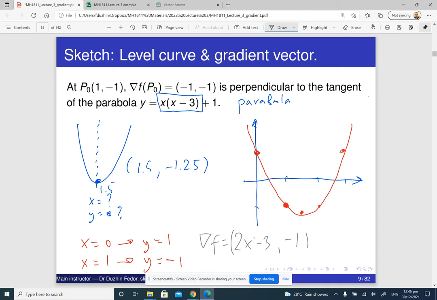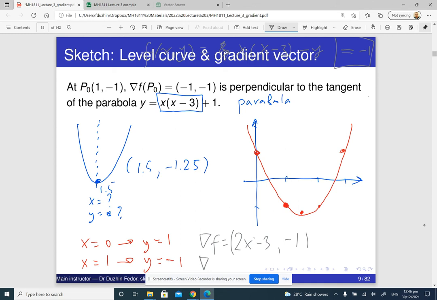Maybe I should write it again, so that my f of x, y is x times x minus 3 minus y, and it should be equal to negative 1. So the level curve is negative 1. So nabla f is 2x minus 3 and negative 1.